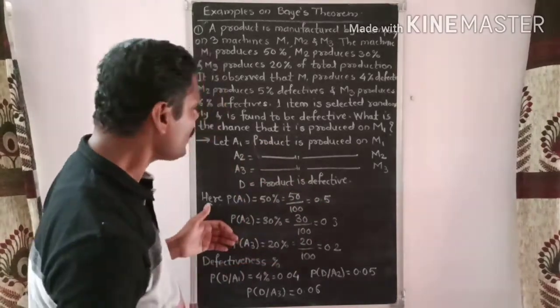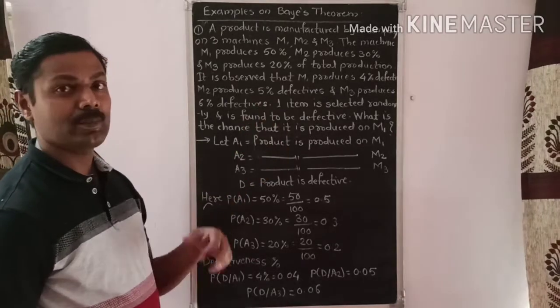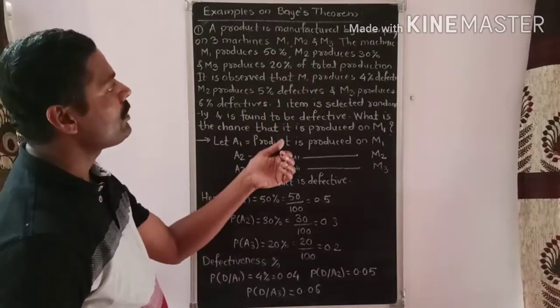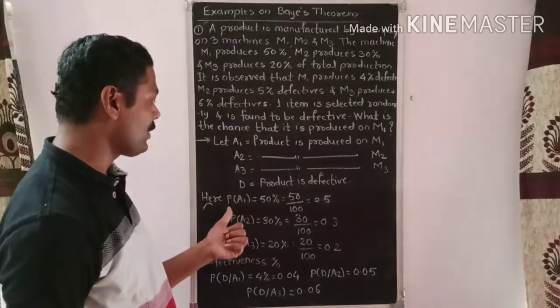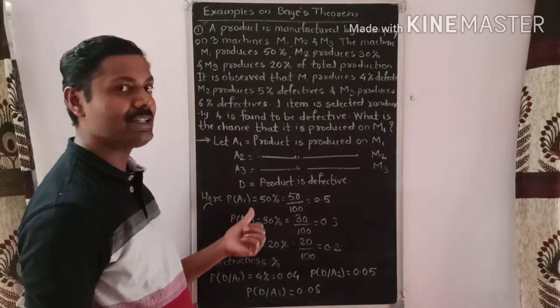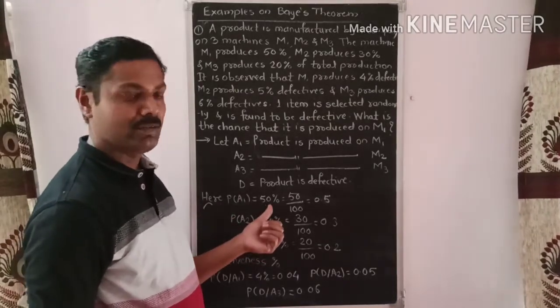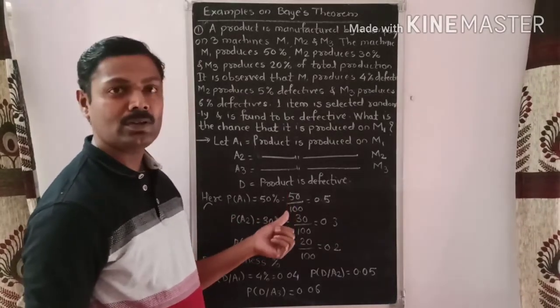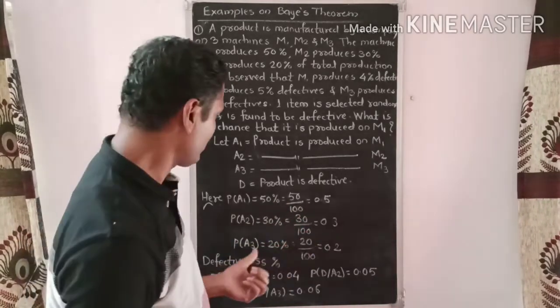Here we have been given more information, the information regarding the production. What is given? The machine M1 produces 50%. It means that production on machine M1 is 50%, so P of A1 is 50%. 50% means 50 upon 100, which is 0.5.